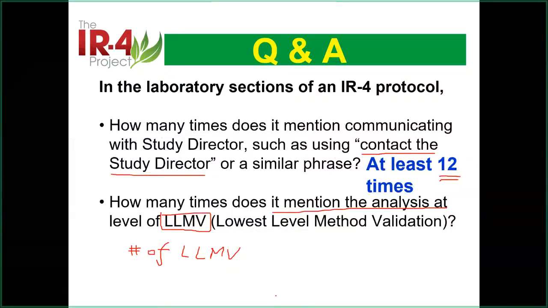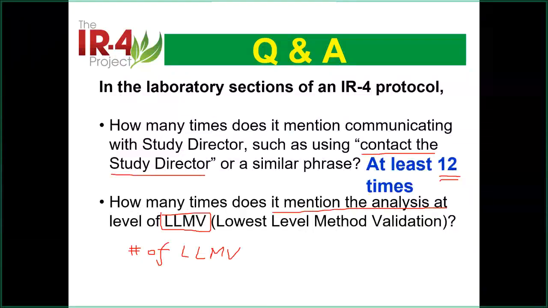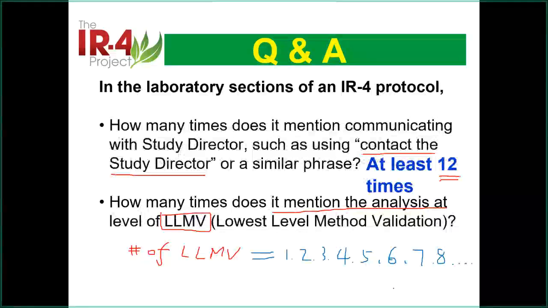So, in your opinion, what should the number of LLMVs be? Is it 1, 2, 3, 4, 5, 6, 7, 8, or more? Which number? Please type it in the box.